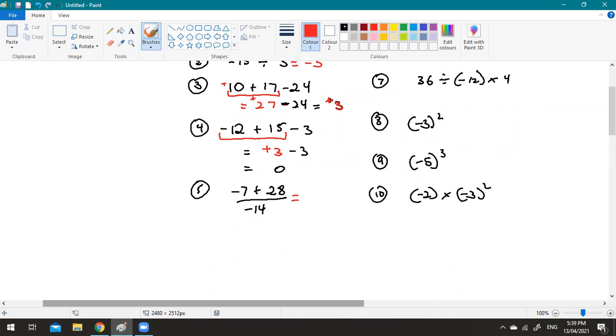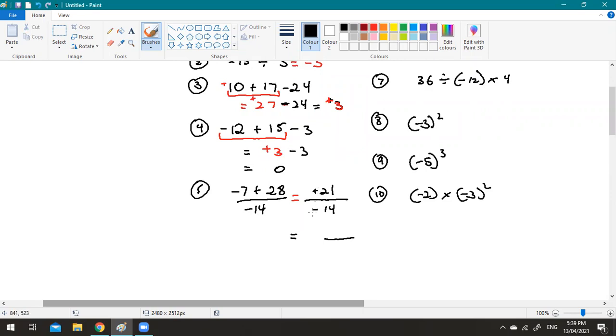Now you have to work the top part first in number 5. The sign is different, so what we do is subtract and keep the sign of the larger number. So you'll get positive 21. We didn't do anything with the 14, so we'll bring it across. Now remember, with the fractions, the sign has to go in front of the fraction sign.